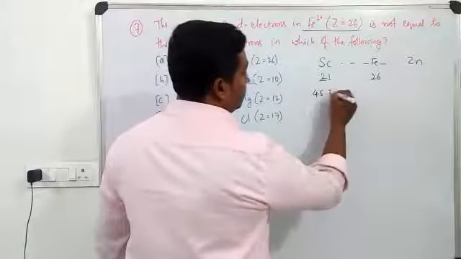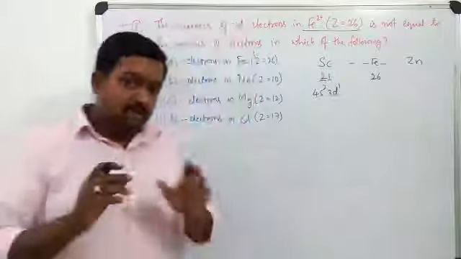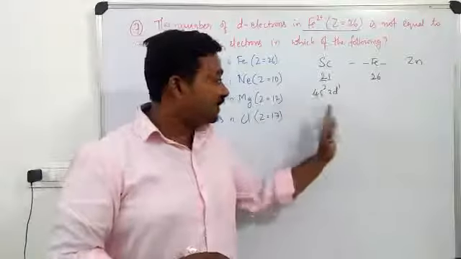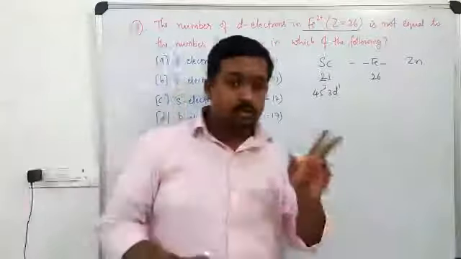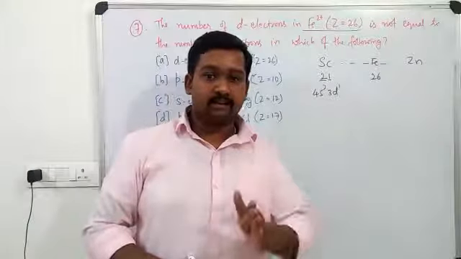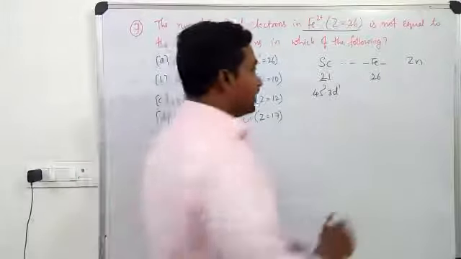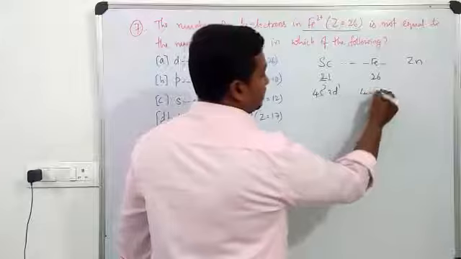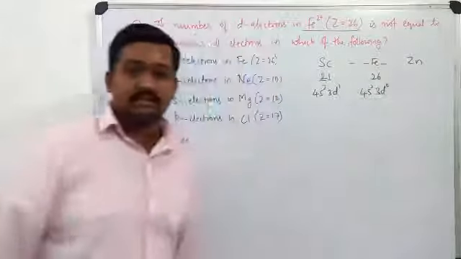Just write 4s and 3d. 4s will have 2 electrons, 3d will have 1 electron. As the atomic number is given, the same way you have to write the configuration. Except for those 2 elements, chromium and copper, where we say 4s1 3d5 for chromium, 4s1 3d10 for copper. Otherwise, the rest of the elements follow this. It is 4s 3d, say 4s2 3d6, like this.